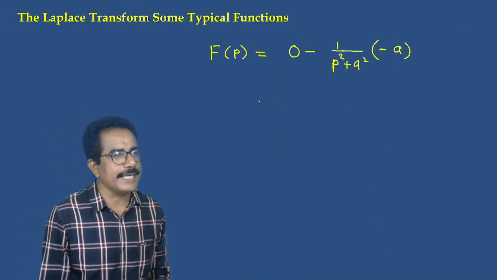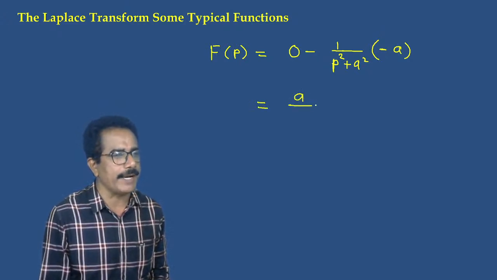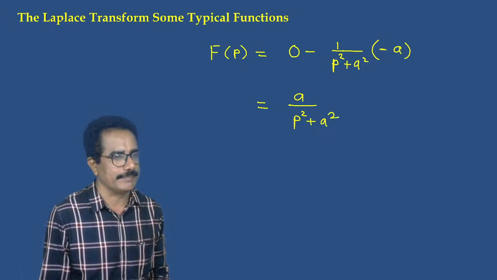So we will get the result a divided by p square plus a square.